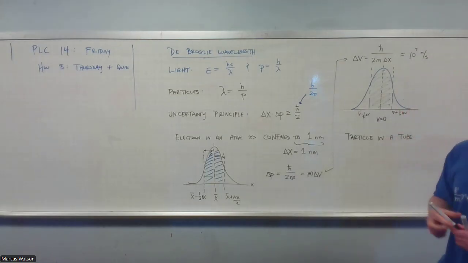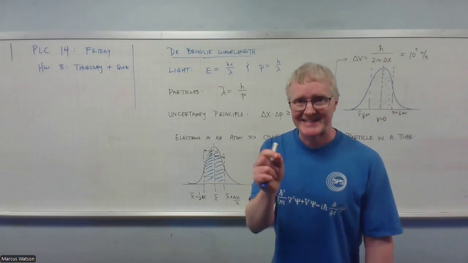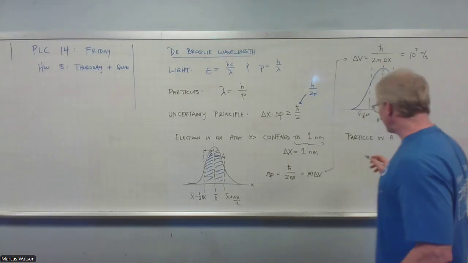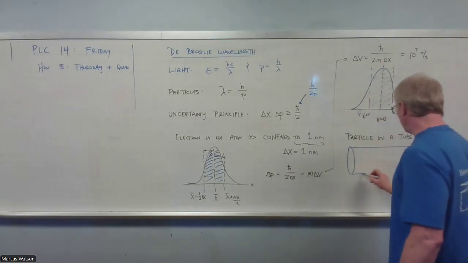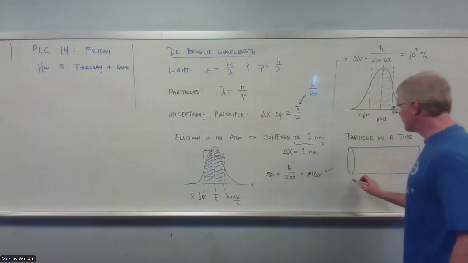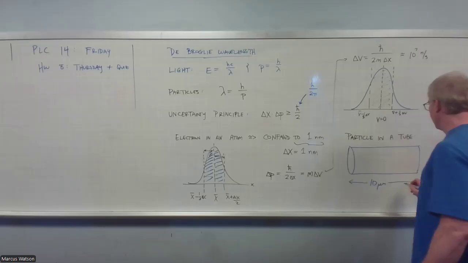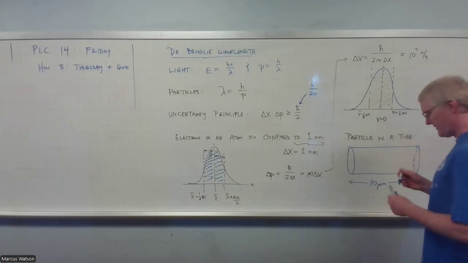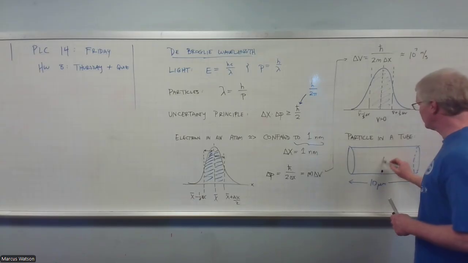I'm thinking that it's confined within the tube, and I'm also thinking it's at rest within the tube. So here I've got a tube, and let's say the tube is 10 microns wide, like so. I've got a dust particle in here, just sitting right here, and I'm going to assume that its average velocity is zero.